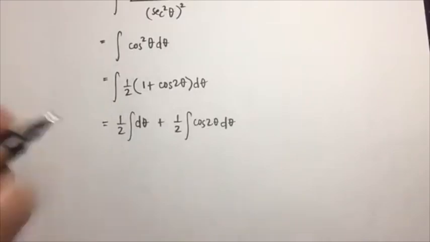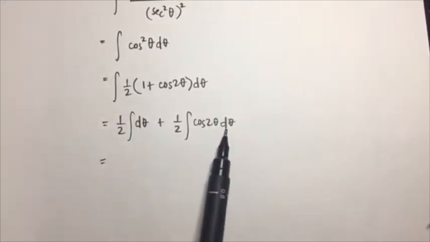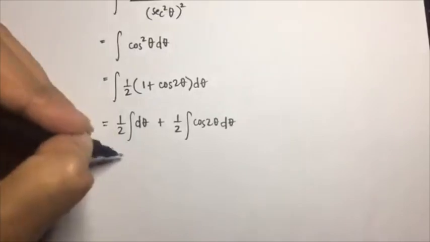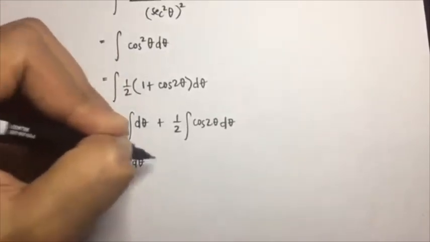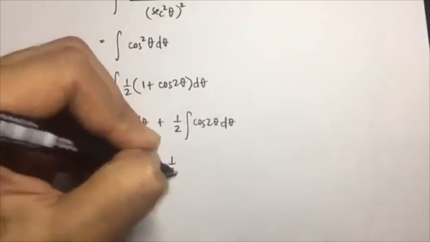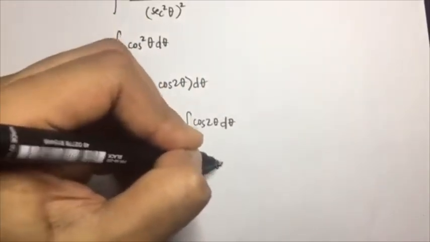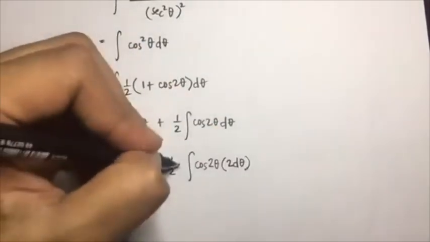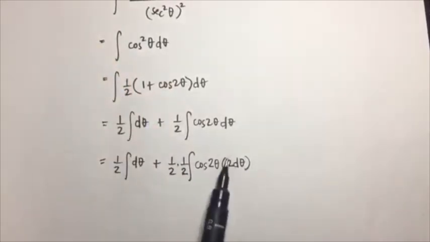Integrating this, for cosine 2 theta, this part should be the complete differential of 2 theta, therefore it should be 2 d theta. But in inserting 2, then outside the integral sign we should write the reciprocal of 2.